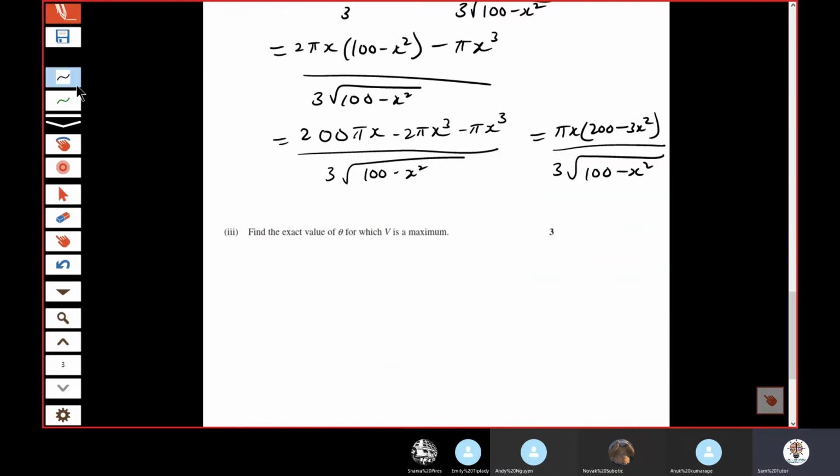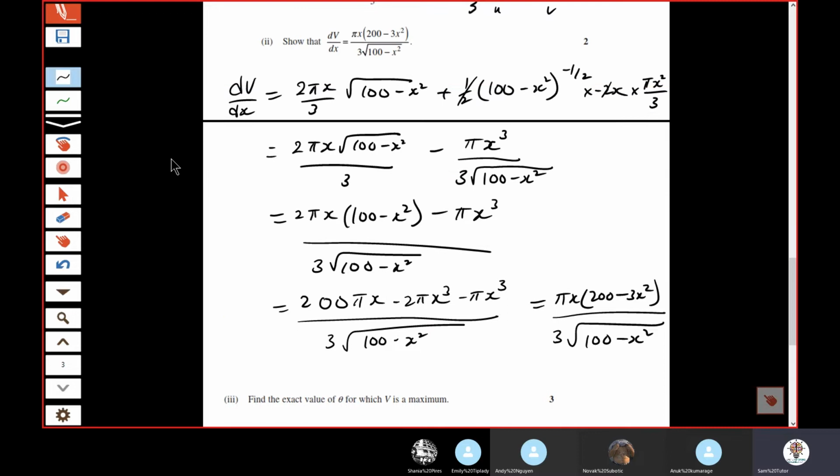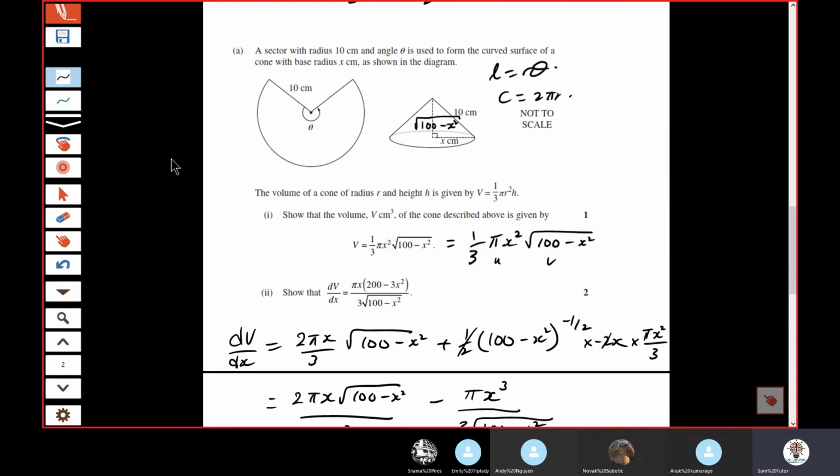So let's see. I don't know. I'm in the same boat as you guys. It's not like I remember every single question, right? We just attempt what we know. So what do we know here? I know that the arc length is equal to 10 theta. I don't know if that's going to help us, but we'll have it in there. L is equal to 10 theta.